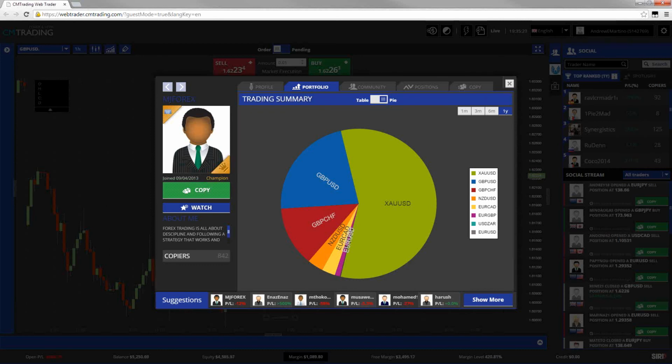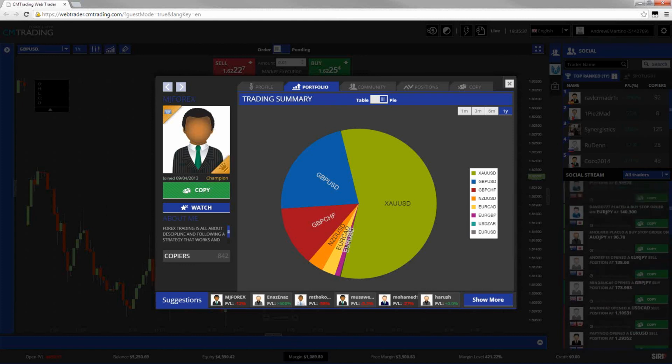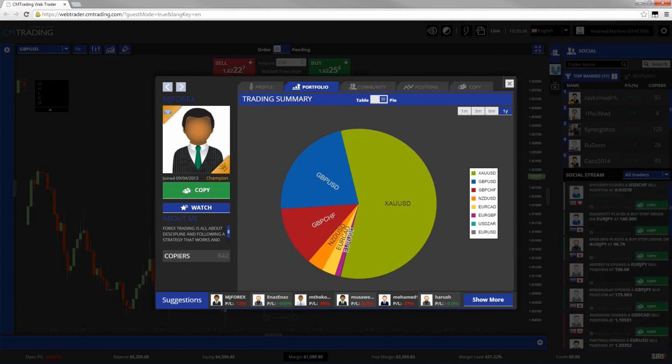And your margin level is obviously what you have left to open trades with. So if you had $500 margin available, you will be able to sustain profits and losses up to $500, and then you would start to receive something called a margin call, or the trades would start to be closed down by the company or by the markets.